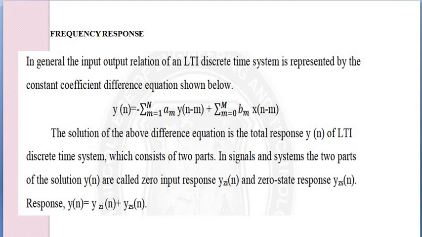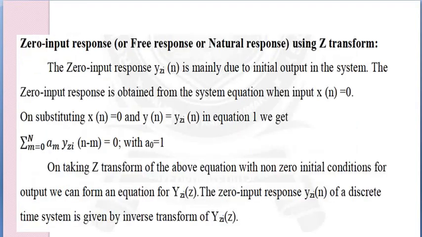Here the solution of the above difference equation is the total response y(n) of the LTI discrete time system, which consists of two parts. In signals and systems, the two parts of the solution of y(n) are called zero input response, that is y_zi(n), and zero state response, that is y_zs(n). So the response y(n) is the sum of the zero input response as well as the zero state response.